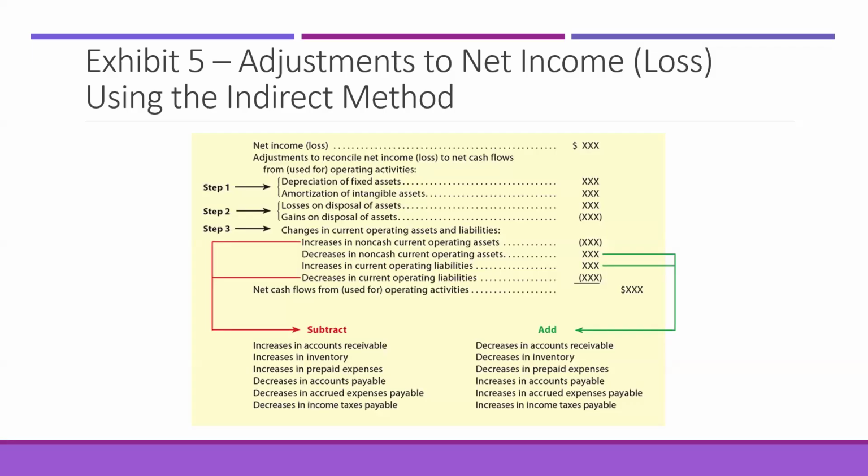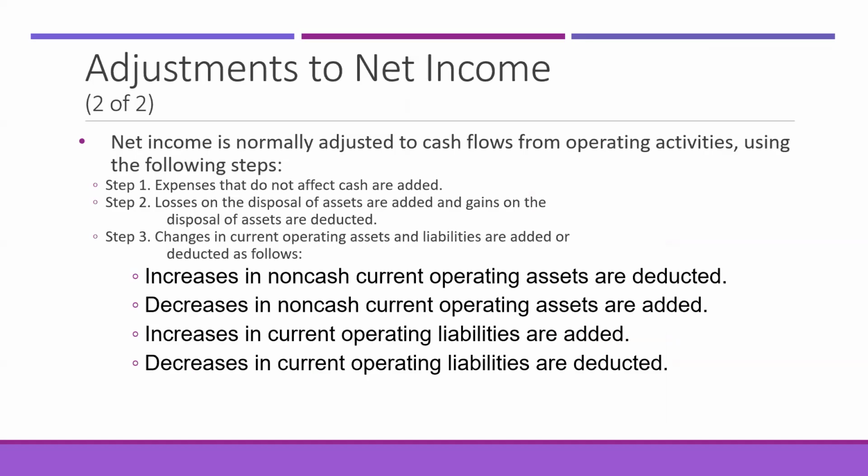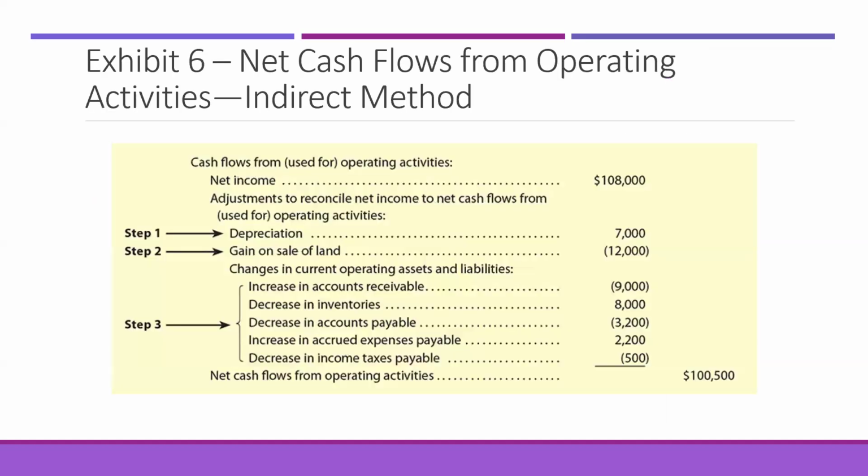And then we have net cash flows from operating activities. Let's go into some examples. Remember the accounts receivable increased, so that's a $9,000 decrease. The decreased inventory increased our cash flow by 8,000.